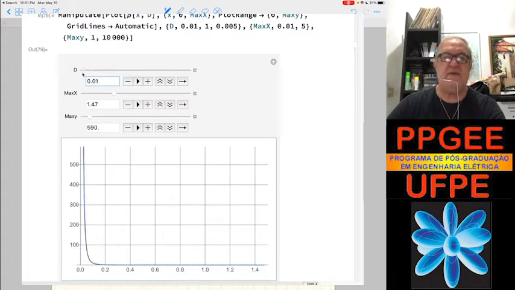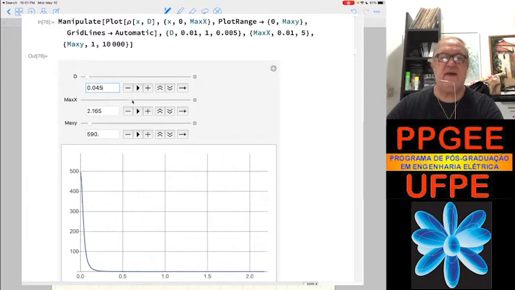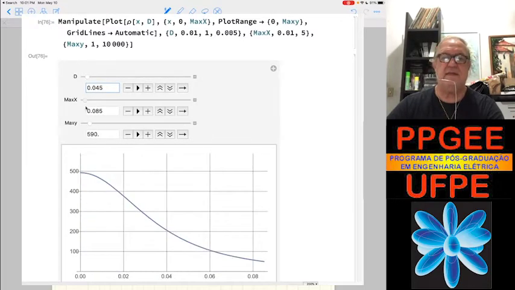Also notice that the distance r is an absolute value. So I'm going to see where it falls to half of the maximum. You can see here, at a distance, we are only in a very small region below the surface.